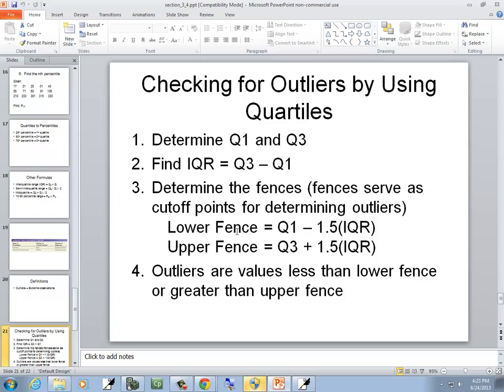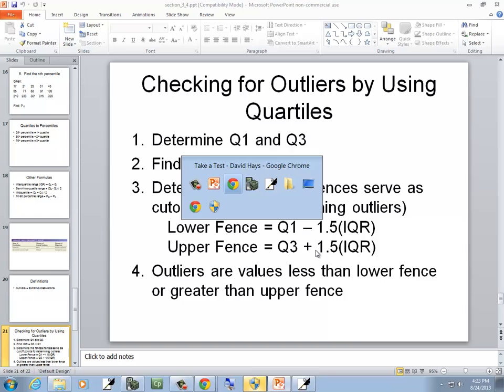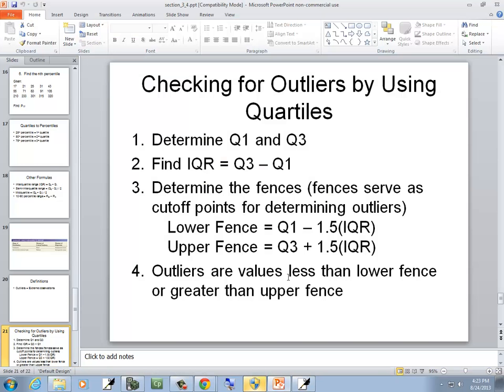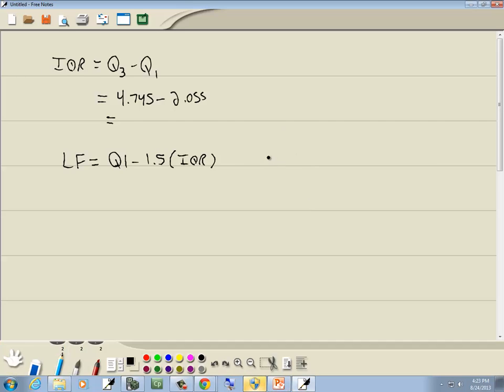Now our lower fence is Q1 minus 1.5 times IQR. And then the upper fence will be a plus: the upper fence is going to equal Q3 plus 1.5 times IQR.